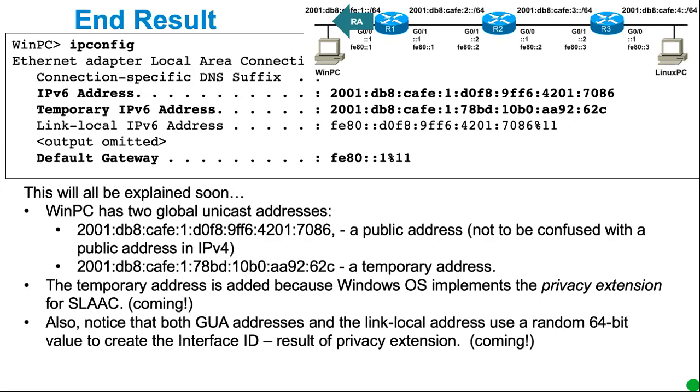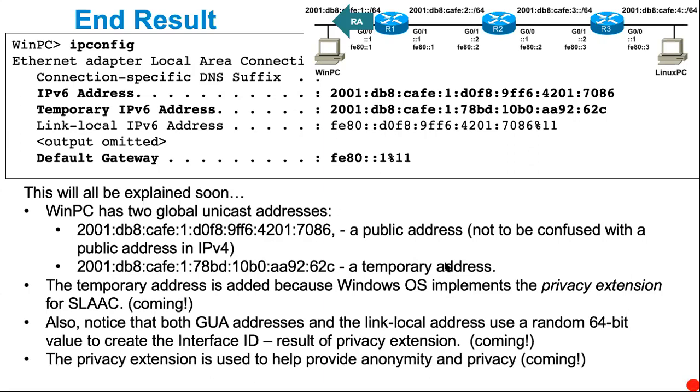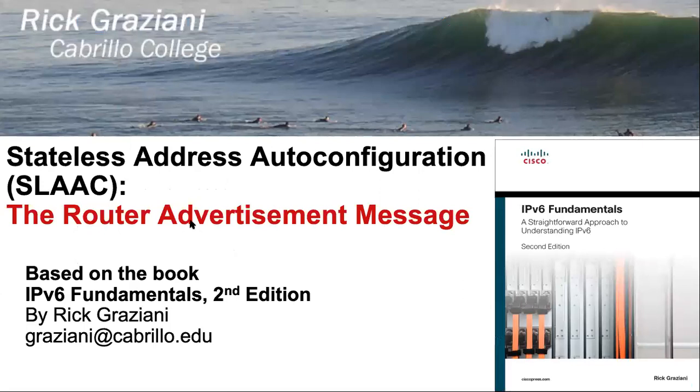It's one of the enhancements that's part of IPv6, giving you more privacy. It's also known as the privacy extension. We have the random bits, known as privacy extension, and a temporary IPv6 address. We'll be talking a lot more about that. All right, so that's just the beginning of looking a little bit at the router advertisement message. A lot more to come.